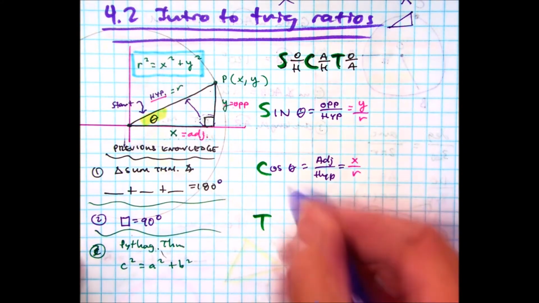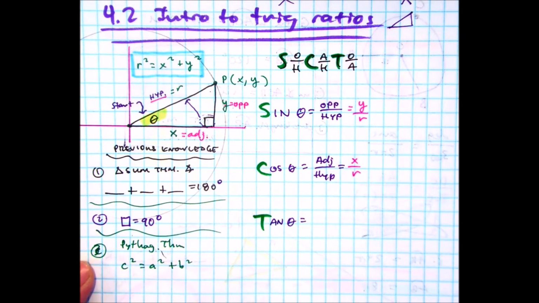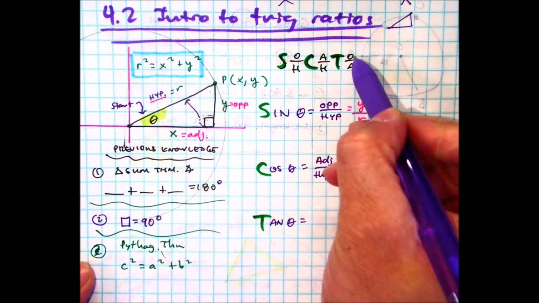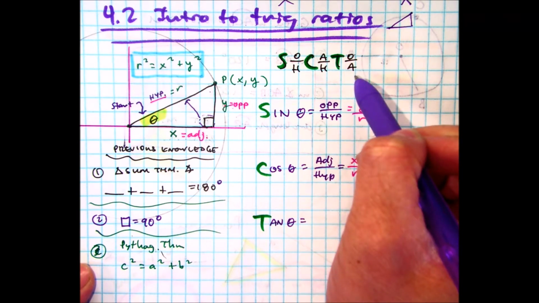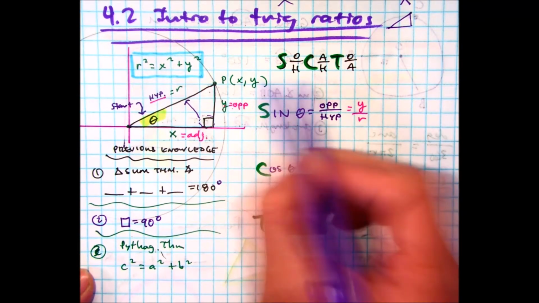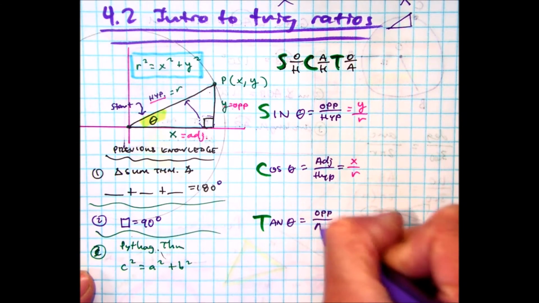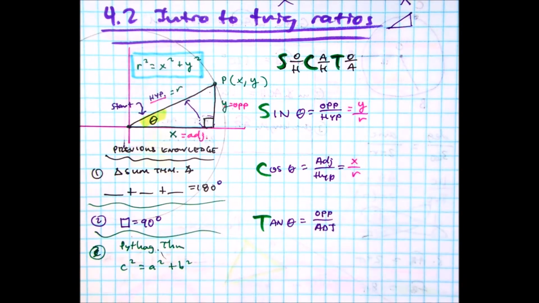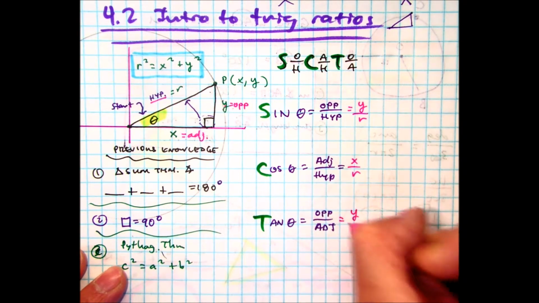Class, what is the T? Tangent. Tangent is what? So think of the silly story, kick yourself in the foot when you're taking the quiz and you forget the acronym for the three basic trig functions. Tangent is opposite over the adjacent. And which two letters is that, class? Y over x.